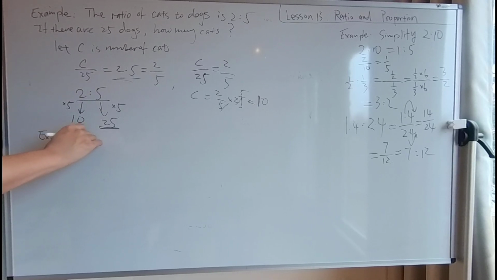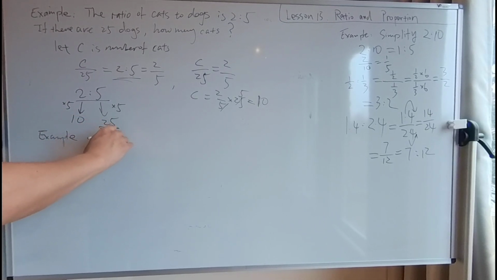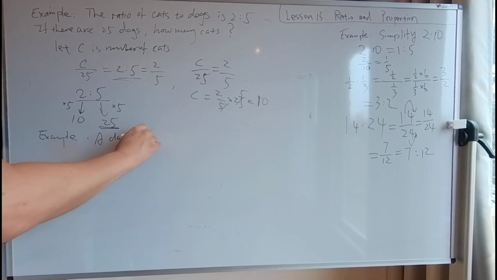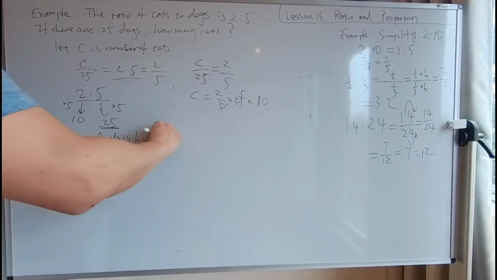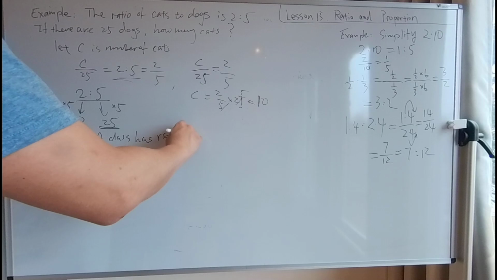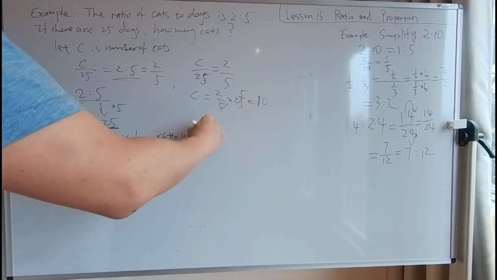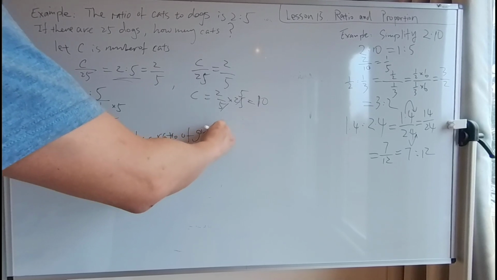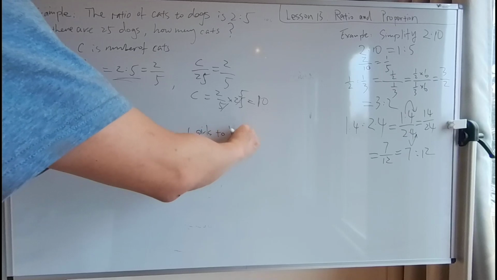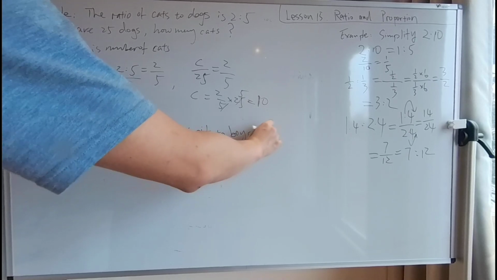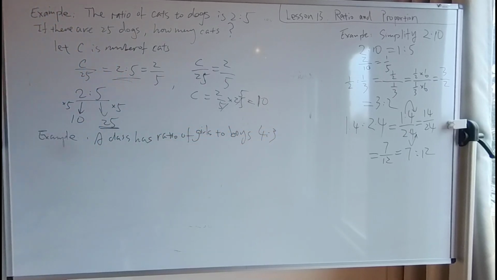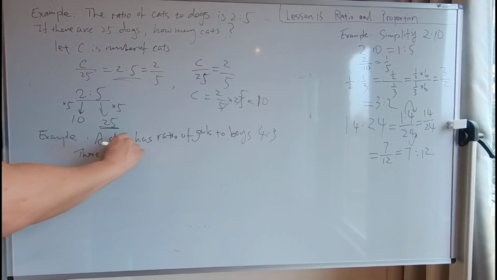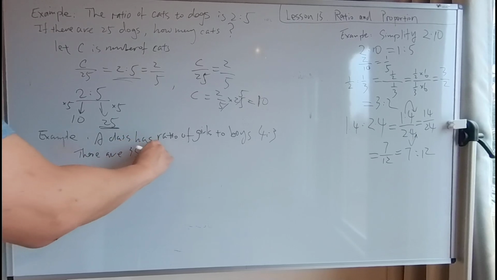Let's see one more example. I have a class where the ratio of girls to boys is 4 over 3, or 4 versus 3, and there are 35 students in total.